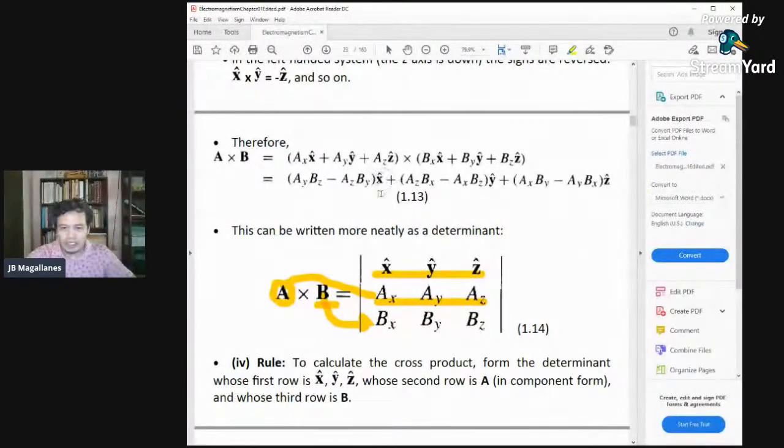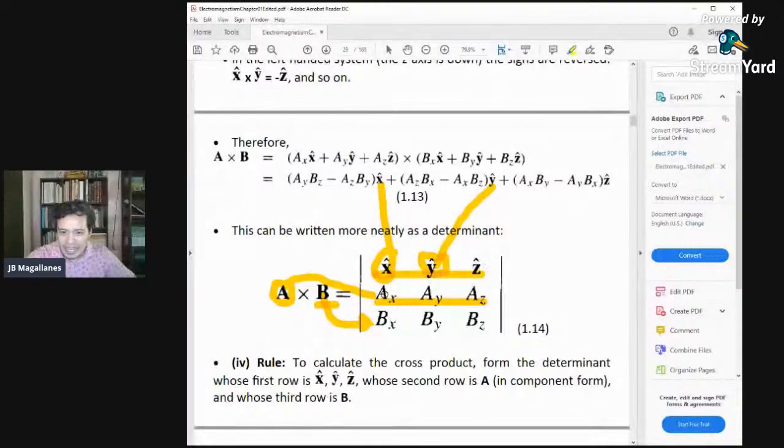You know how to get the determinant of a 3 by 3 matrix. So you can write x here, and then from this x you cover this row and cover this column. So you have AyBz minus AzBy. For y here, you cover this column and this column.